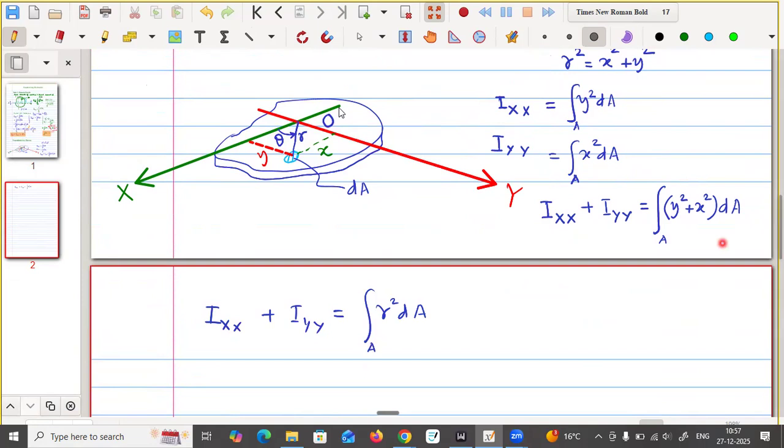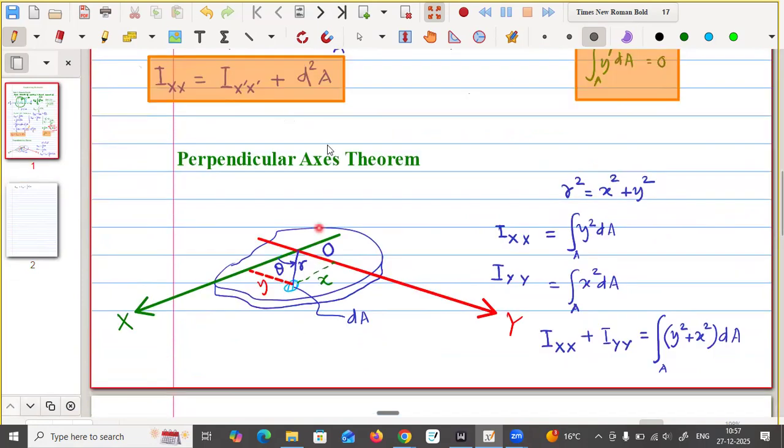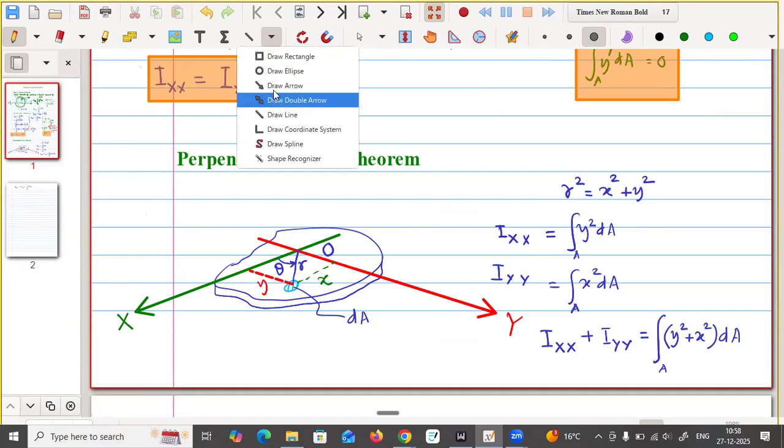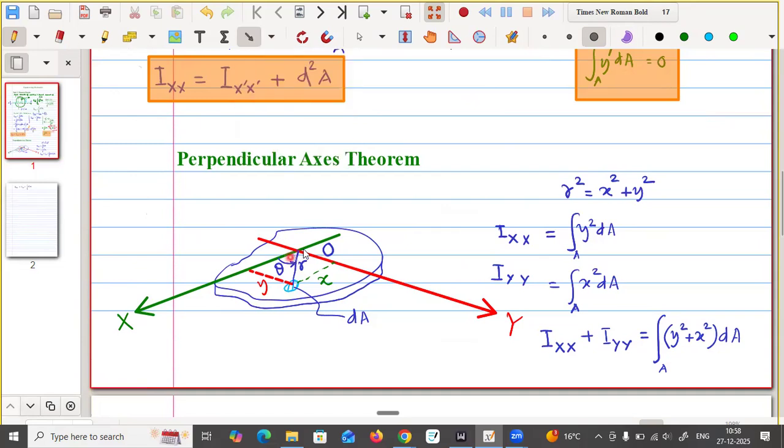Now, if I draw one axis, say in orange color, passing through the same point of intersection O but perpendicular to both the axes, it will be like this.